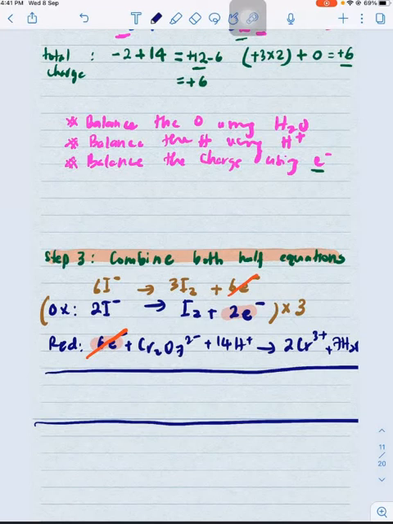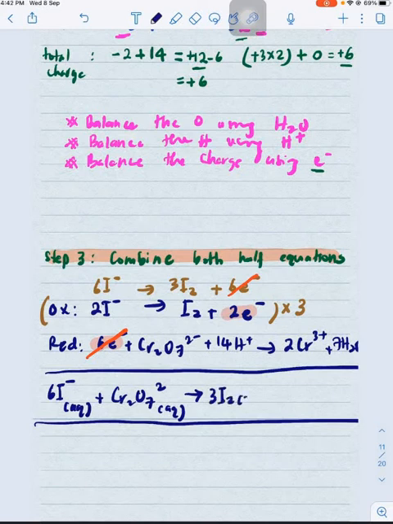So kita tulis je balik 6I minus. Remember this is our balance equation, mesti comes together with physical state. So 6I minus equals, ada lagi? Ada. Kita ada Cr2O7 2 minus sebab kita tambah. And then produce apa? 3I2. Daripada equation yang soalan bagi, it is in solid form. Lepas tu tambah dengan 14H plus.